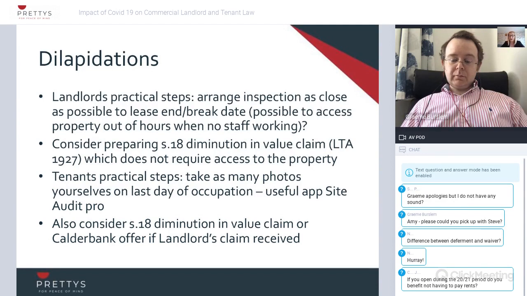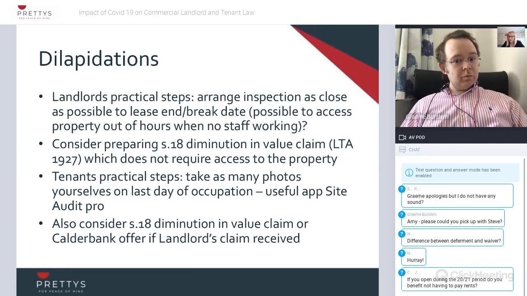So if the tenant were to send a Calderbank offer for a fair and reasonable amount, rather than doing a full survey and getting into an argument, they could say, well, look, this is the amount we're going to pay you. It's open for this period of time. And the landlord may be more inclined to take that, as it's on the table, ready to be accepted. But again, Calderbank offers are tricky to draft. So take advice from either a lawyer or a surveyor if you want to put forward a Calderbank offer in relation to dilapidations.